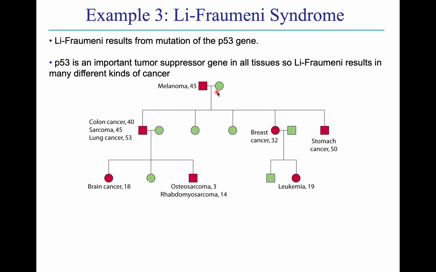In fact, this is a particularly devastating syndrome because you'll see a wide variety of cancers, which makes it harder to predict what's going to happen and do any preventative diagnostics. But also you'll see individuals with multiple cancers during their lifetime. So this poor guy here had colon cancer at age 40, a sarcoma at 45, lung cancer at age 53. So this particular syndrome can be particularly devastating for a family.